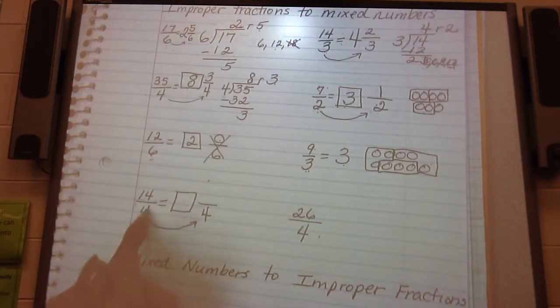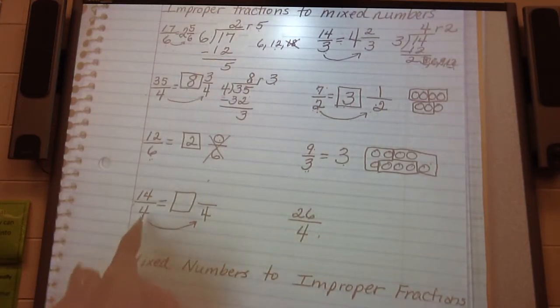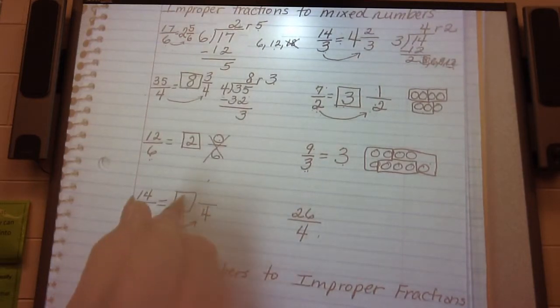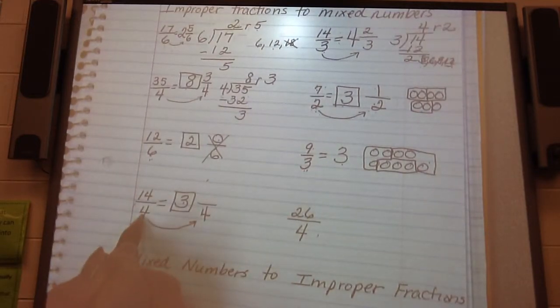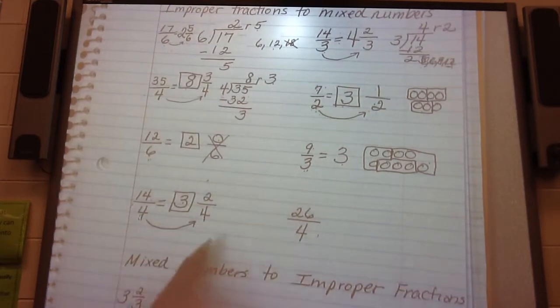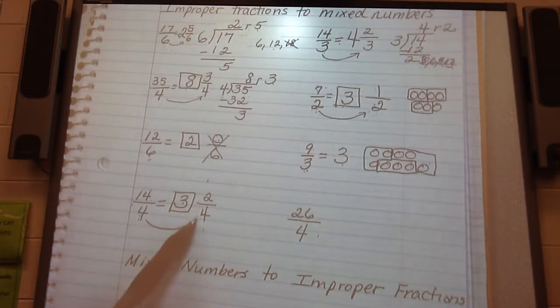And you're going to say, I can make how many groups of 4 out of 14 without going over 14. If I count by 4s, 4, 8, 12 is as close as I'm going to get, and that's 3 groups of 4. That's my whole number. But if I make 3 groups of 4, that will be 12, and there will be 2 leftovers from the 14. The difference here is I had simplest form fractions up here, but now I do not.